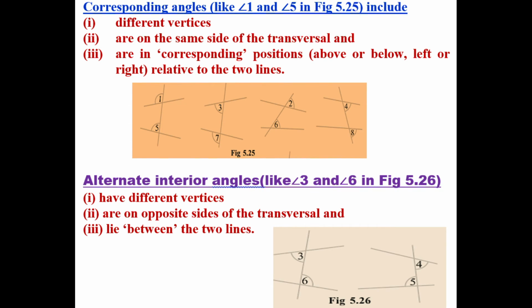You see the figure 5.26. You see the different vertices. 3 is on one vertex, 6 is on another vertex, and they are on opposite sides of the transversal and lie between the two lines. Same way 4 and 5 are also alternate interior angles.